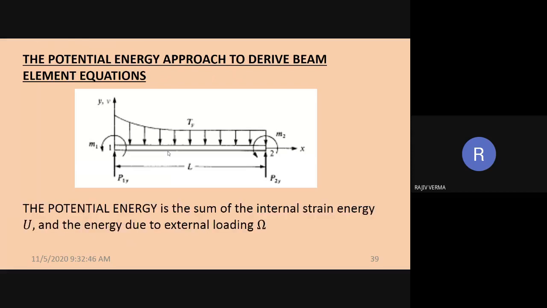Now potential energy is something which you already know. It is the summation of the internal strain energy indicated by U and the corresponding external energy because of loading denoted by omega. So the potential energy happens to be the summation of the internal and the external energy.